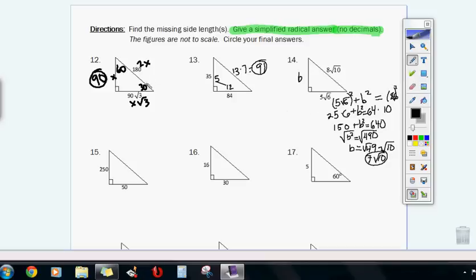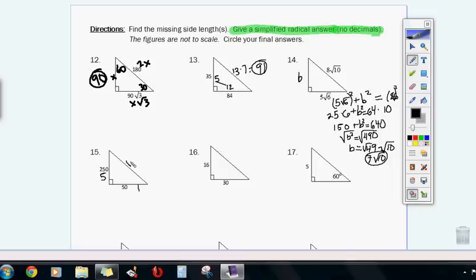Okay, looking at 15, this is definitely one of my personal favorite types because that reduced right triangle really works well. There's not a family here. There's not a 30, 60, 90 or a 45, 45, 90. So what we're going to do is simply say that a 50 goes into both of those. So if I take a 50 out, I get a 1. If I take a 50 out of here, I have a 5.